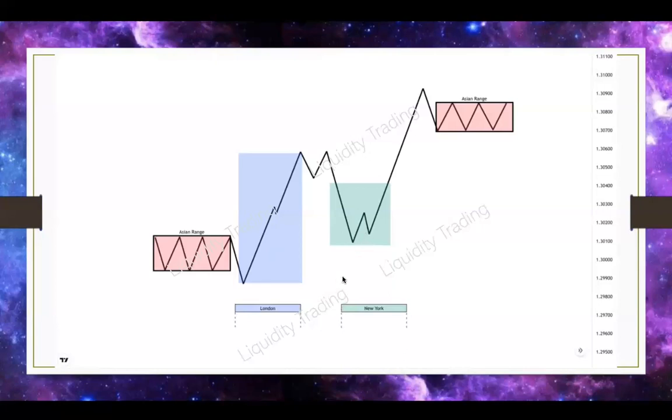We would most likely see the market arrive back into the retracement area in the New York kill zone, so anywhere between 7 to 11, and we would expect the market to continue in the bullish direction for the rest of the day, and then consolidate back into the Asian range.